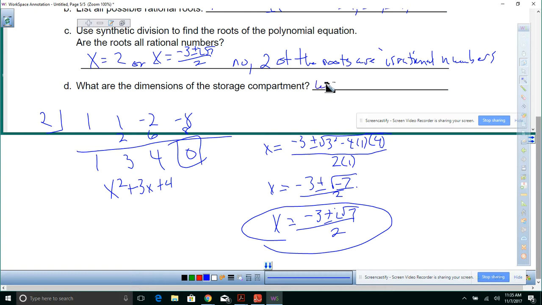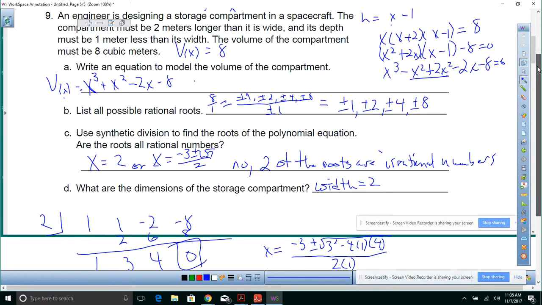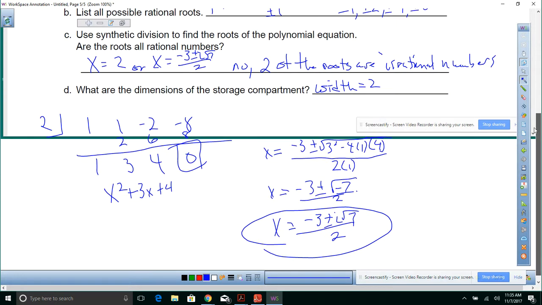Well, remember the width was just x, so that's going to be 2, and the length was 2 plus x, so that's going to be 4.